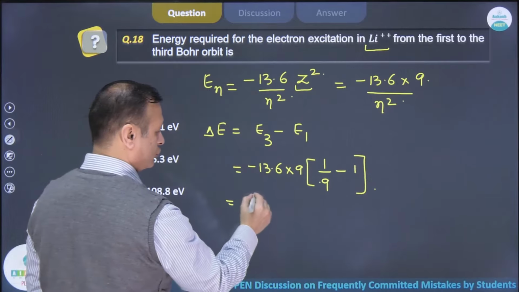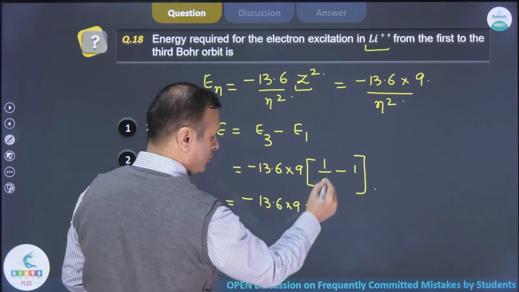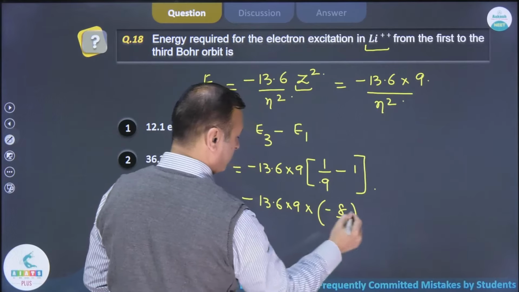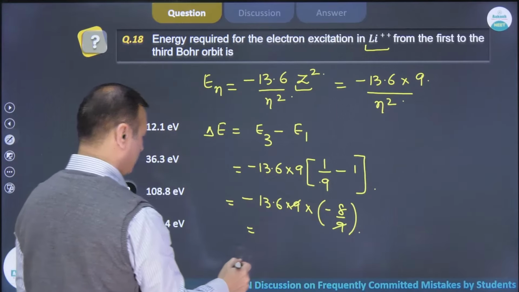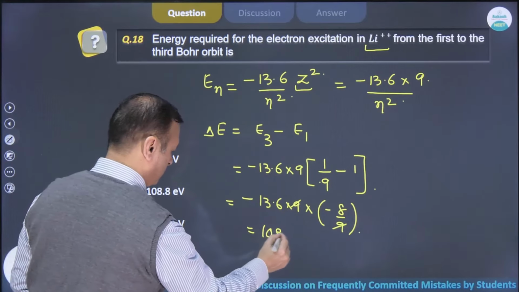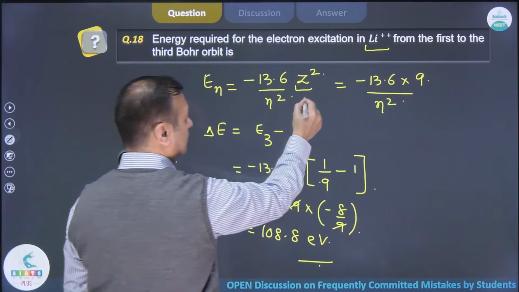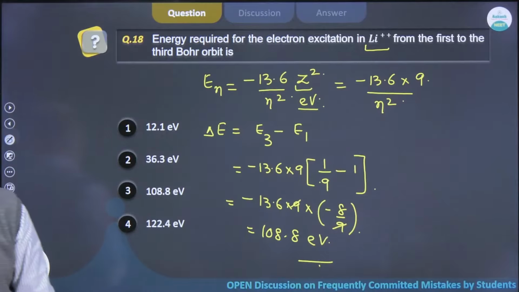When you solve it, minus 13.6 into 9 into minus 8 by 9, minus and minus give plus, so that gives you 108.8 electron volt, and this is the standard unit, electron volt, for this expression. Any doubt?